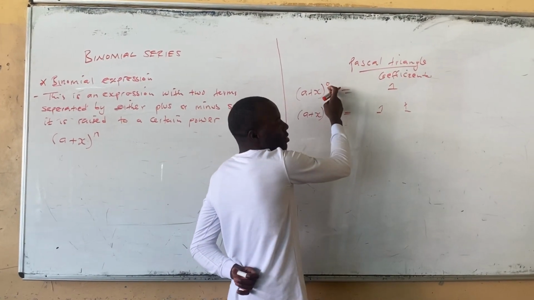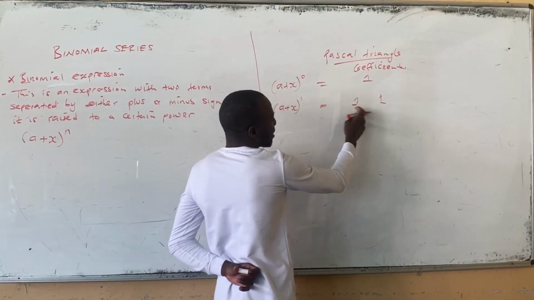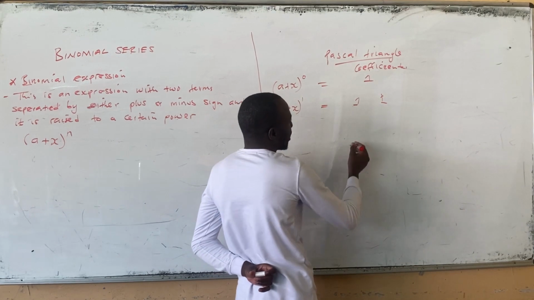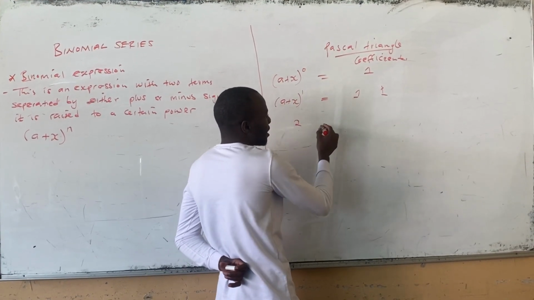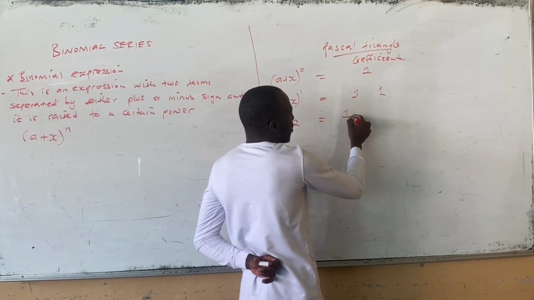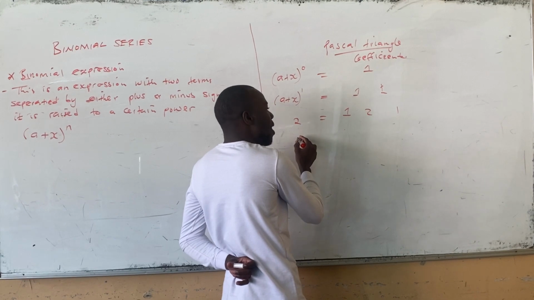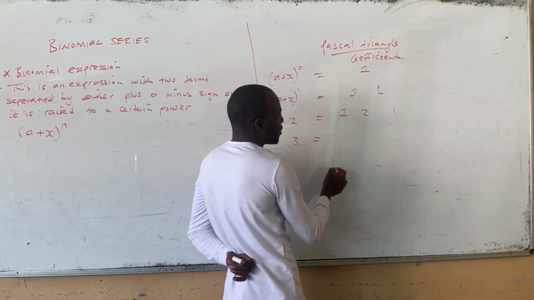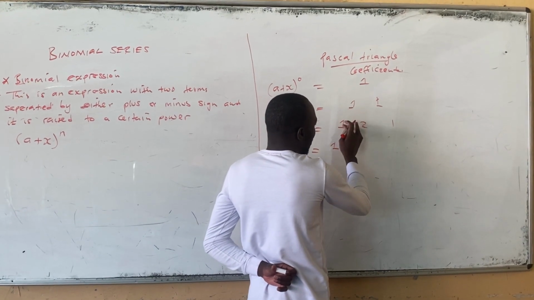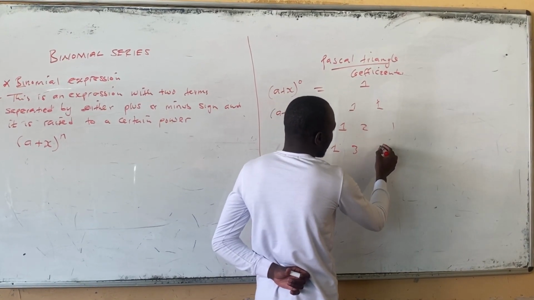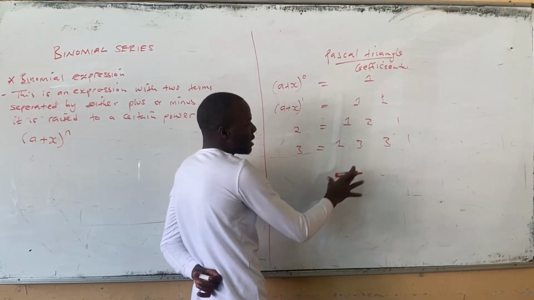So when the power is 0, the coefficient is 1. When the power is 1, the coefficients which you get are 1, 1. When the power here is 2, the coefficients will be 1, then 1 plus 1 you get 2, then 1. When the power is 3, you have 1, then 1 plus 2, 3, 2 plus 1, 3, then 1. Basically you continue forming these coefficients.